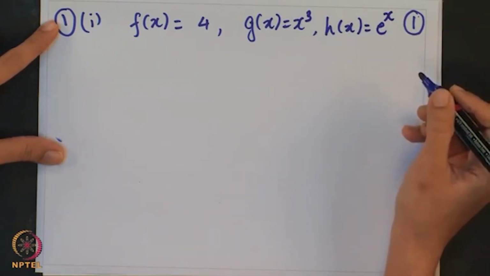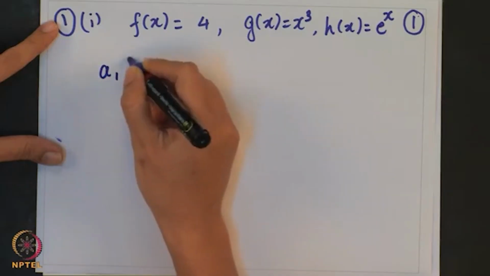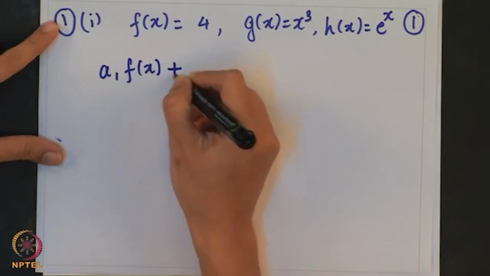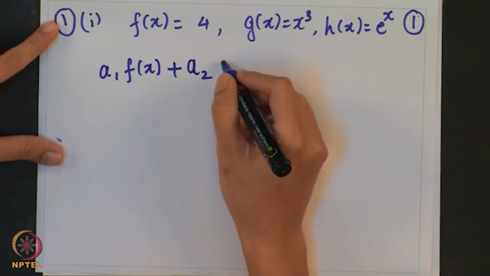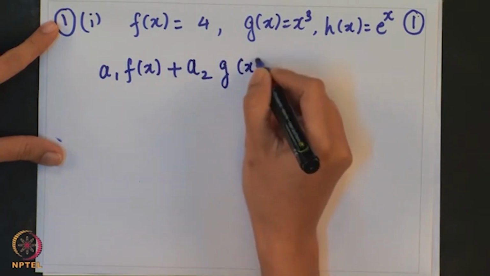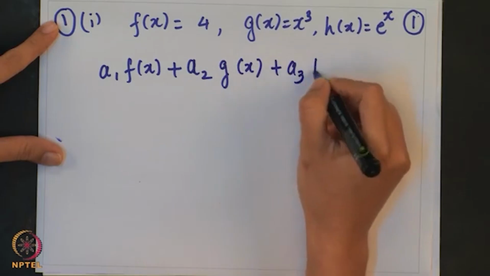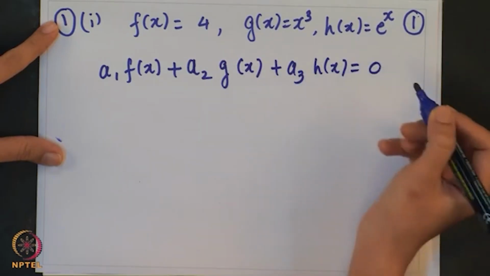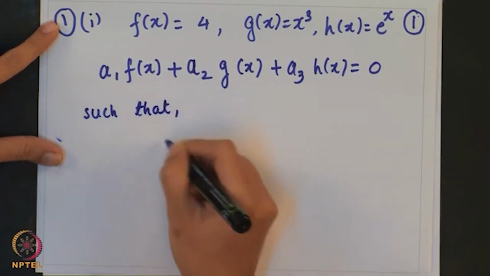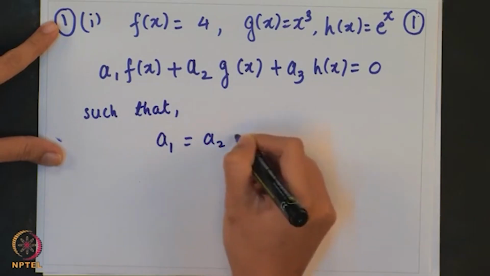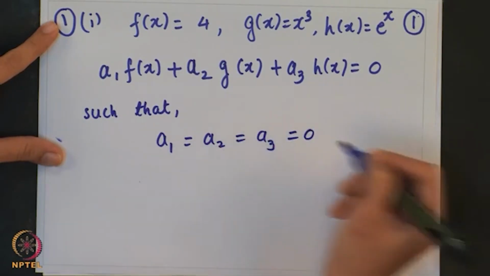In order to find whether the set of functions is linearly independent or linearly dependent, the condition these functions must satisfy is a1 f of x plus a2 g of x plus a3 h of x should be equal to 0, such that a1 equal to a2 equal to a3 equal to 0.